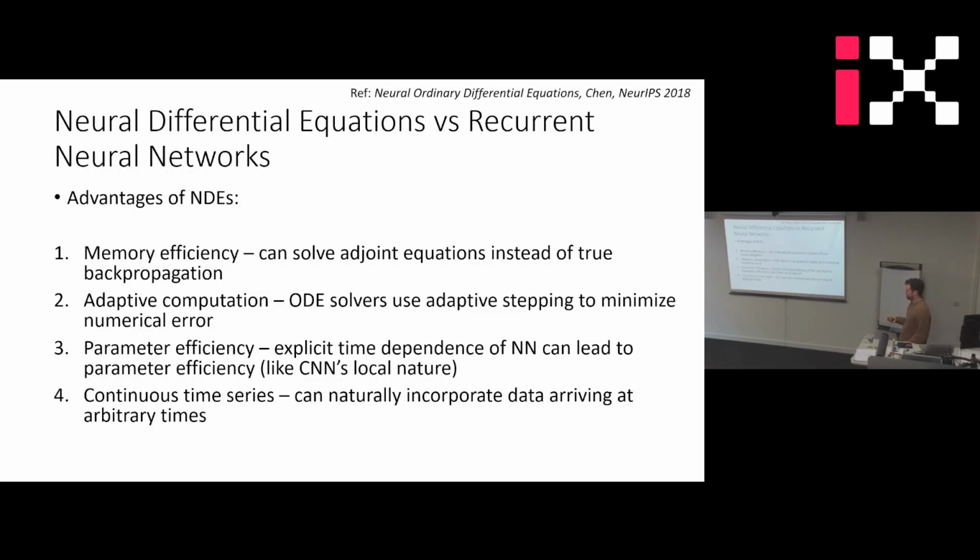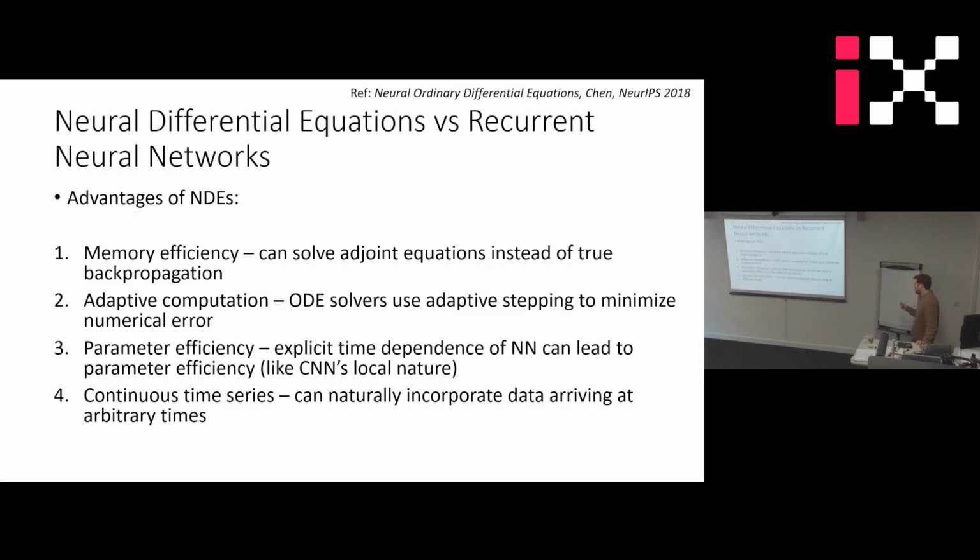So now we can do this adaptive computation so that we know what step size we need to take to minimize numerical error, and that's really nice. It is efficient, and it also makes sure you get the benefit of being continuous in time, or approximated continuous in time.